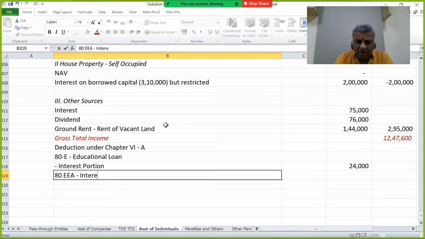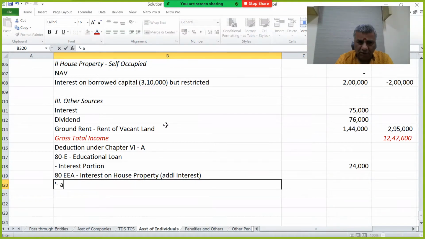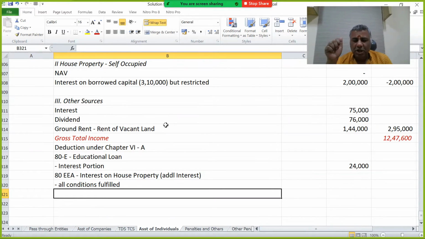80EEA, interest on house property, additional interest. All conditions fulfilled. What are all the conditions? The stamp value of the property should not exceed 45 lakh. It should be from a recognized financial institution.